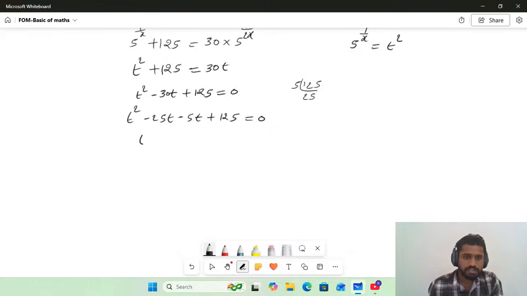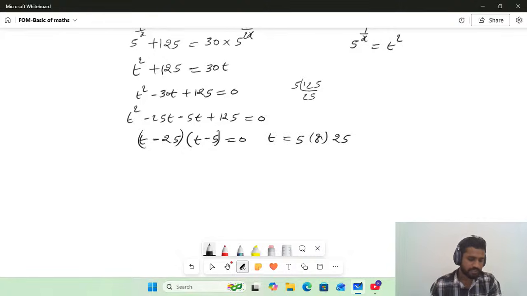So t of t minus 25 minus 5 of t minus 25. So t minus 25 into t minus 5 equals 0. So we got t equals either 5 or 25. Okay, clear till now? So t equals 5 or t equals 25.